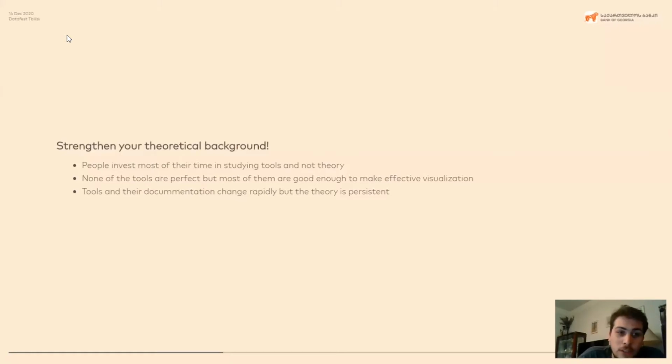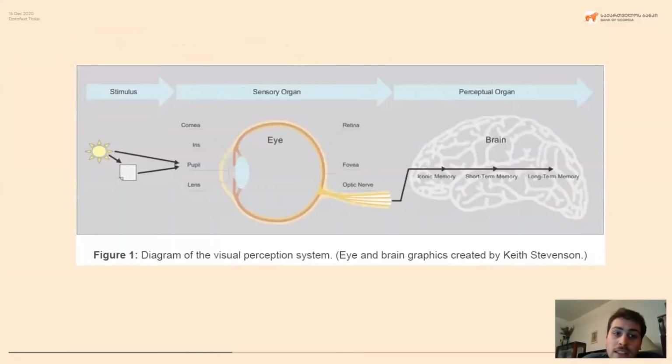Actually, none of the tools are perfect, but most of them are good enough to make effective visualization. Tools and their documentation change rapidly, but the theory is persistent, at least more persistent, right? So in my opinion, we should focus more on theory and less on practical implementations, because we lack that.